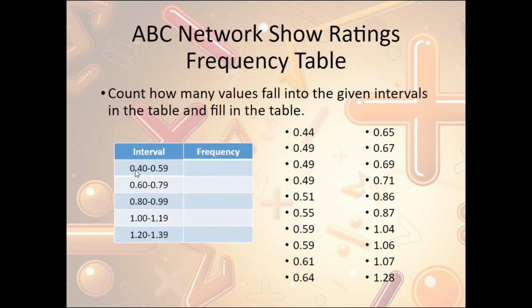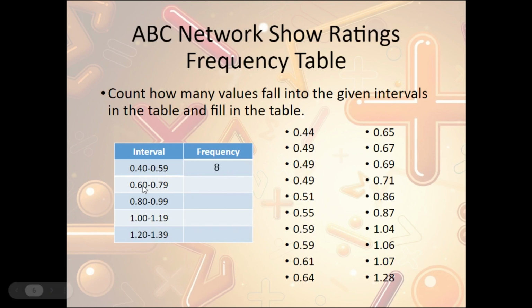If we look, how many data points fall between 0.4 and 0.59? Well, here's 1, 2, 3, 4, 5, 6, 7, 8. Notice I did include the 0.59 because it was included in the interval. So there's 8 that fall into that frequency.